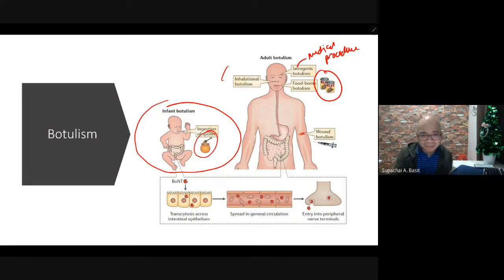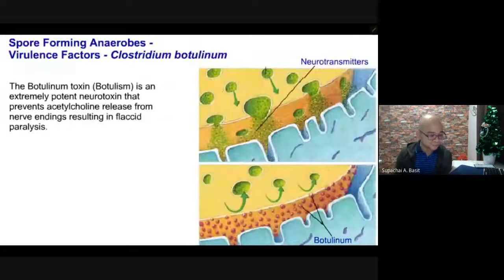Okay, so what will happen if we get botulinum toxin? The botulinum toxin is an extremely potent neurotoxin that prevents the release of acetylcholine. What is acetylcholine? Acetylcholine is a neurotransmitter.